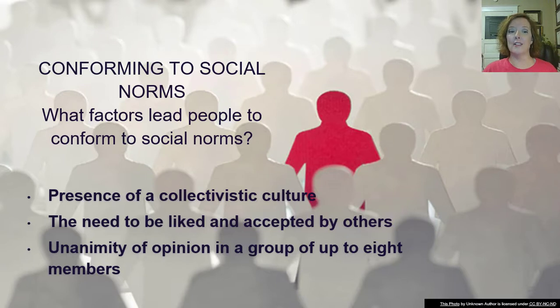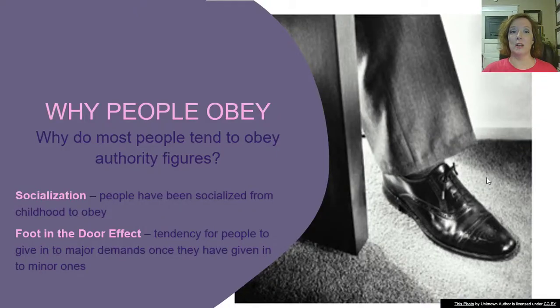When that individual has a need to be liked and accepted by others, there is a greater likelihood of social conformity. And then when there's unanimity of opinion in a group of up to 8 members. After that, that effect kind of decreases because the individuality gets lost, right? The accountability gets lost. So let's talk about obedience.